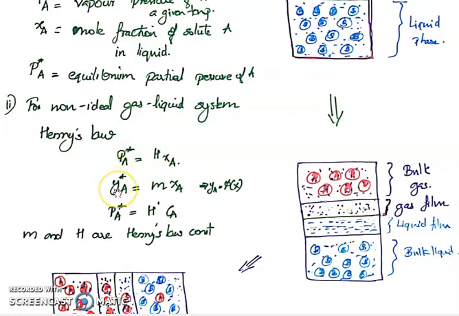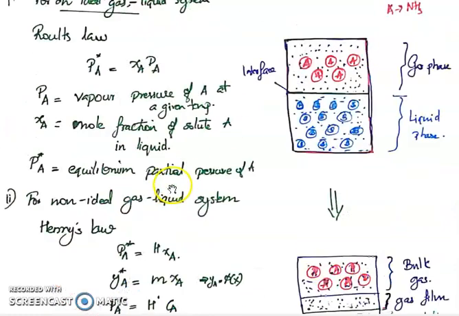So I can write Y star A is equal to M into Xa. We can also find a relation between partial pressure of A and concentration of A, such that PA star is equal to H prime into Ca, where Ca is the concentration of A in liquid phase, and M and H are Henry's law constants. So these are a few concepts which we will need to find the concentration and partial pressures.